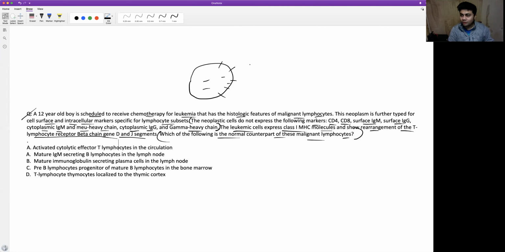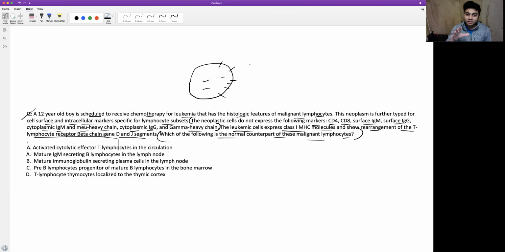They learn what to become, whether they will be a helper T cell or a cytotoxic T cell. This thymic education makes the T cell subtypes specific, right? It modifies these nascent T lymphocytes into CD4 or CD8 and so on. So a T cell becomes a particular type of T cell after it is educated in the thymus.